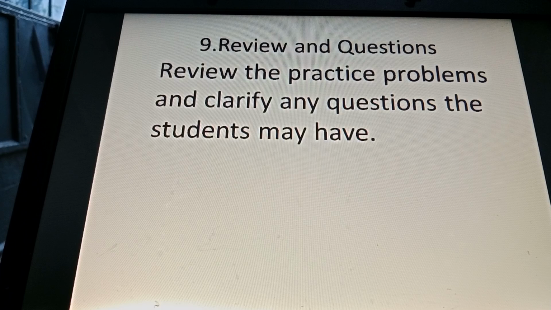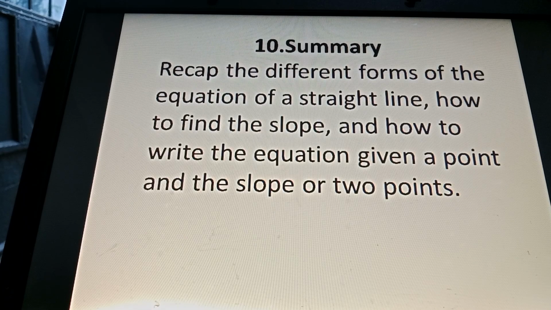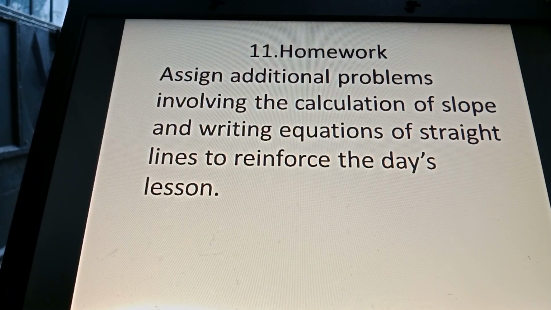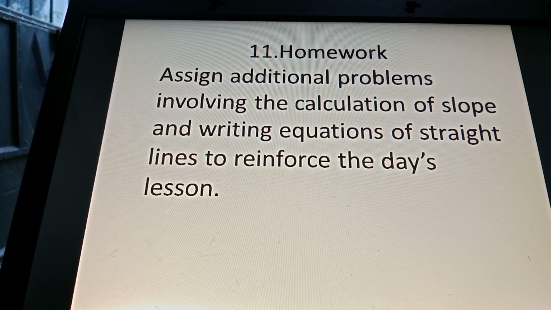Review questions, review the practice problems, and clarify any questions the students may have as a teacher. Summary, recap the different forms of the equation of a straight line, how to find the slope, and how to write the equation given a point and the slope or 2 points. Homework. Assign additional problems involving the calculation of a slope and writing equations of straight lines to reinforce the day's lesson.